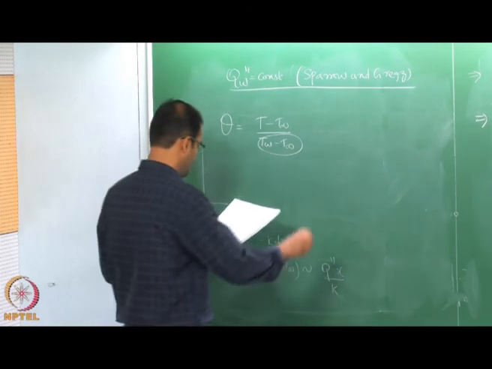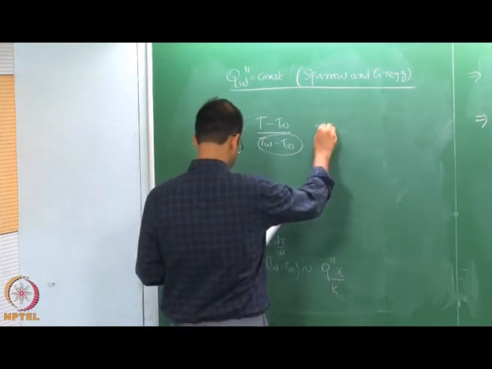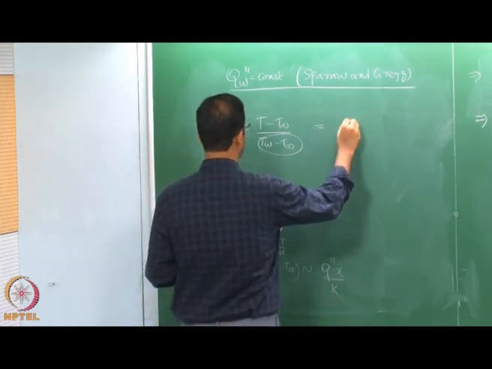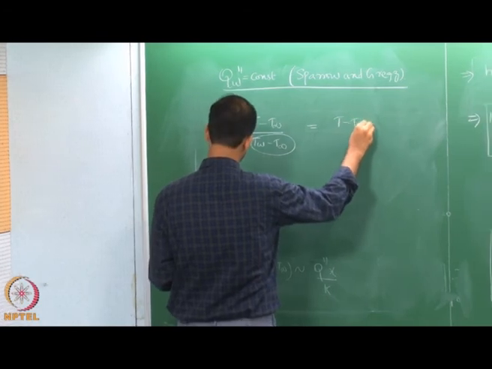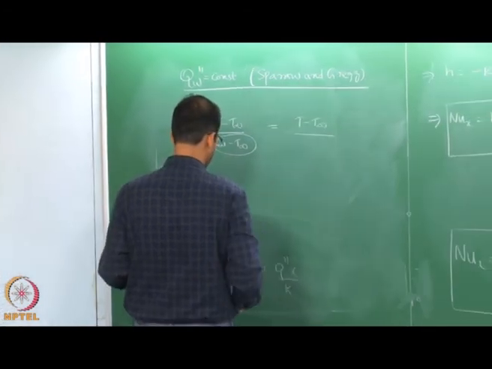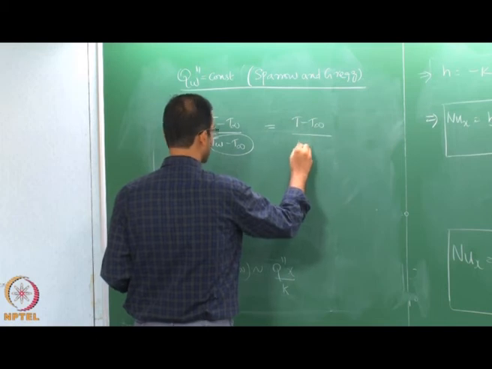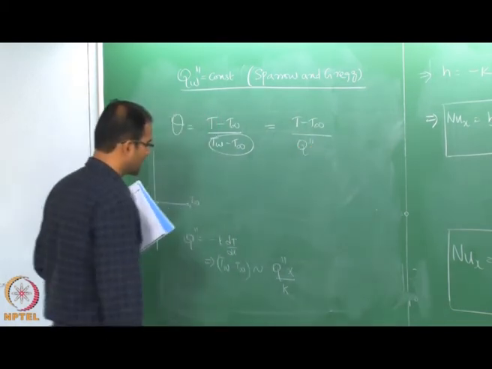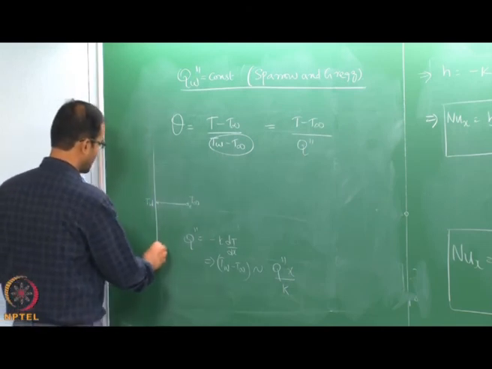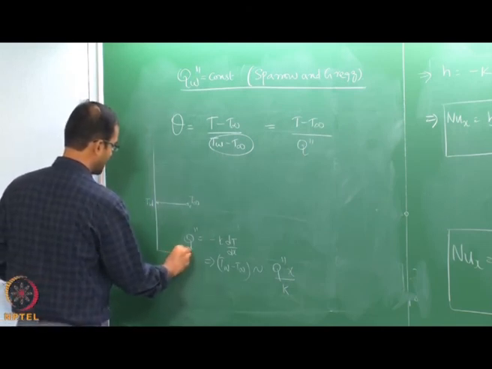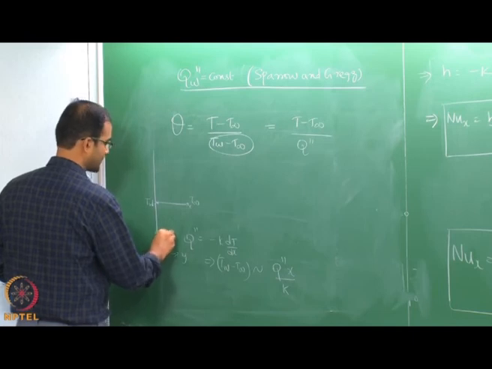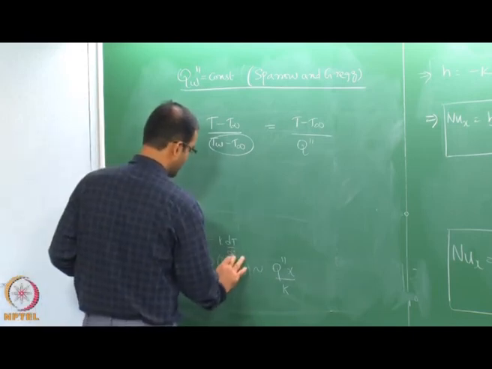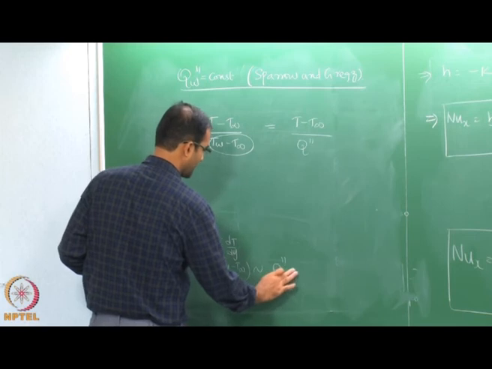So, therefore, we will write theta here as T minus T infinity by, instead of T wall minus T infinity, we have q double prime x by k. Now, your coordinate, this is actually y and this is your x. So, therefore, we have to be careful, we will be using y here.